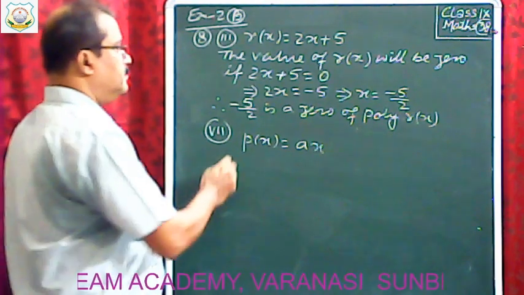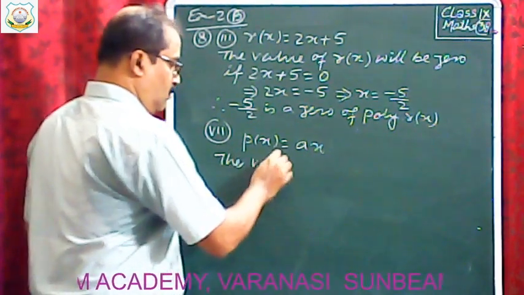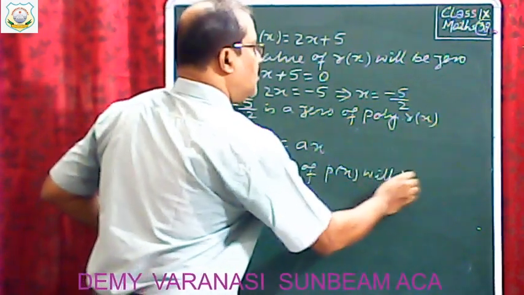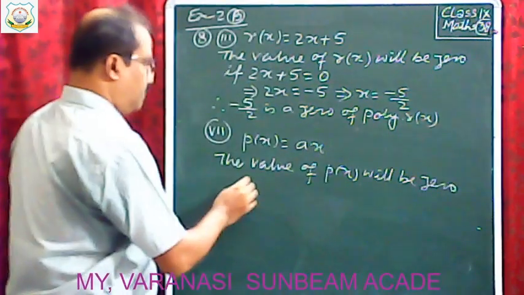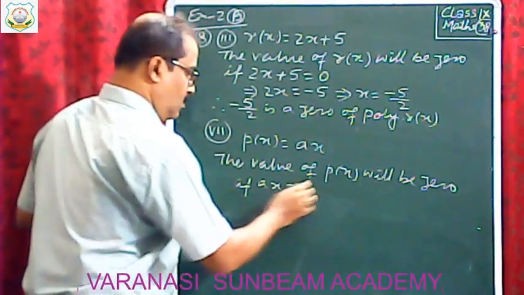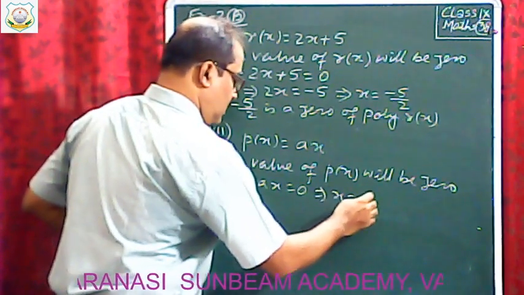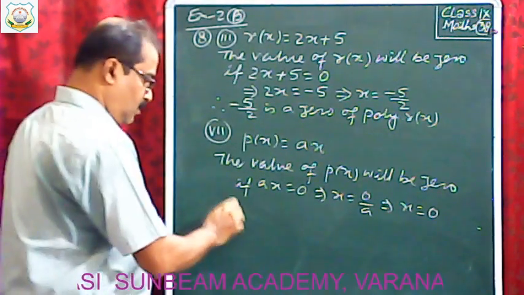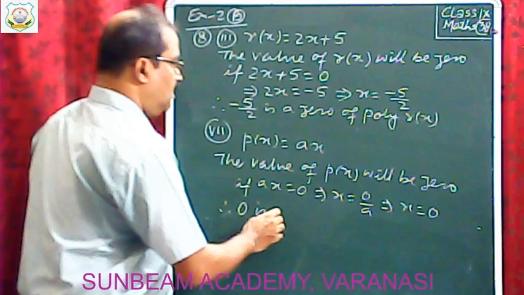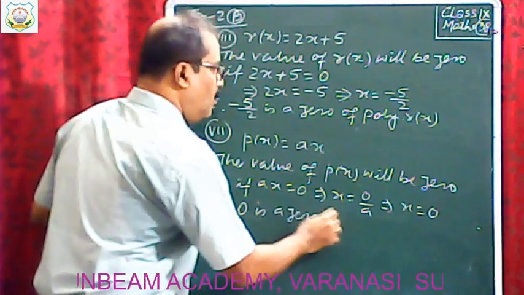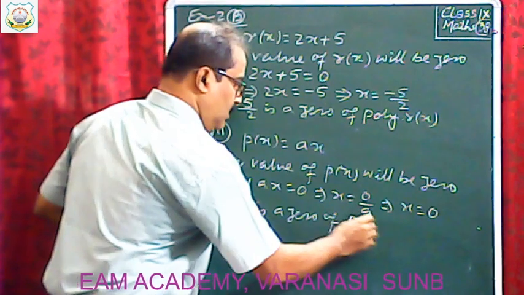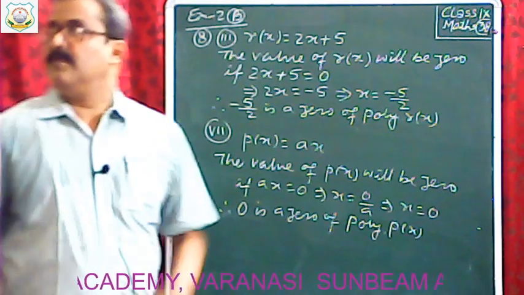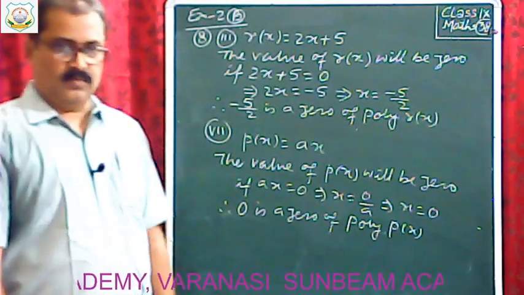To find the zero, write the statement: the value of P(x) will be 0 if ax equal to 0. Now find the value of x. 0 upon a means x equal to 0. Therefore 0 is a zero of polynomial P(x). In this way you find zeros of a polynomial.